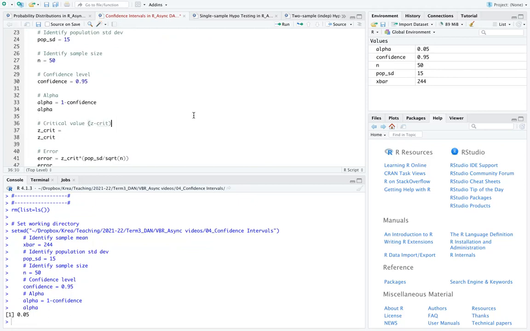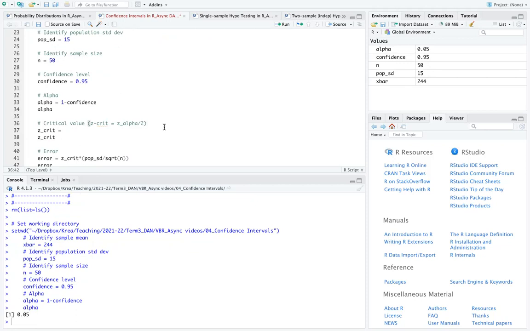The critical value here is nothing but z underscore alpha by 2. This z alpha by 2 is the particular point in the normal distribution such that the area to the right of this point is equal to alpha by 2.